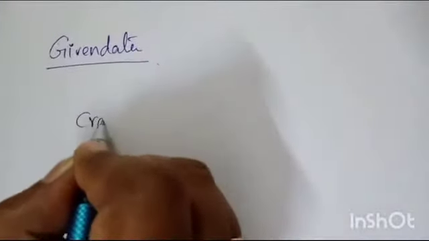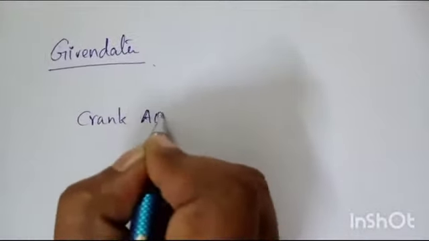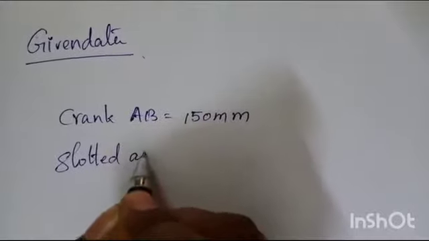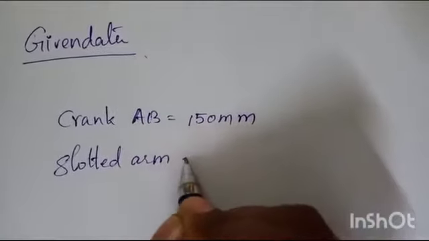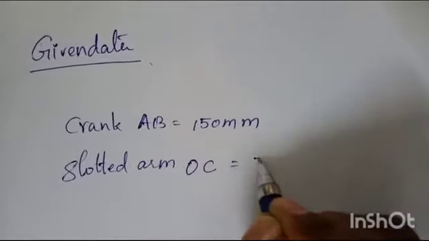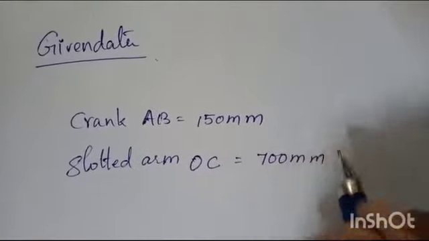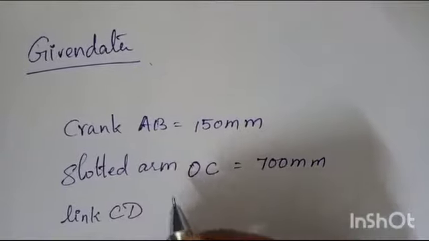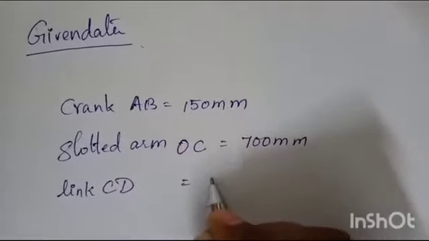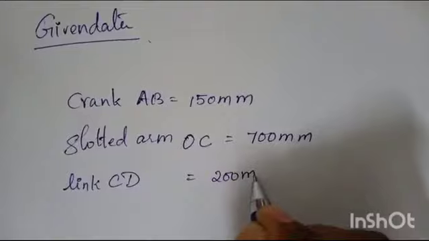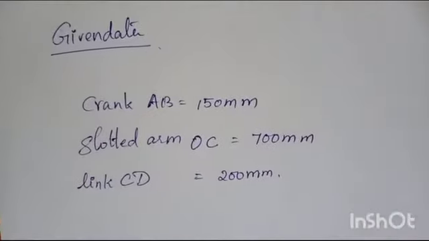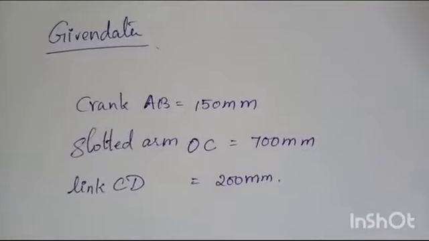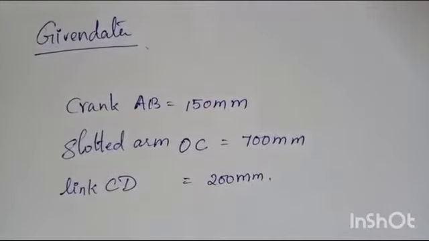Crank AB is 150 mm, slotted arm OC is 700 mm, and link CD is the connecting link between the crank and the ram. Usually this crank and slotted lever mechanism is applicable in the shaper machine and the planer machine, in special machines.